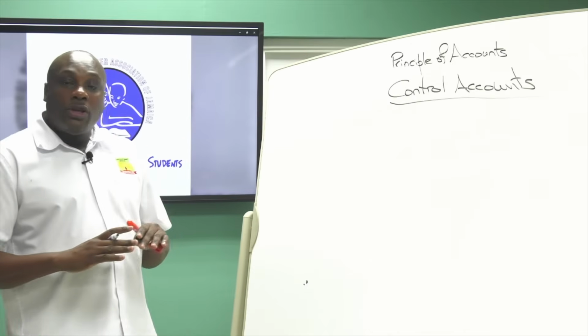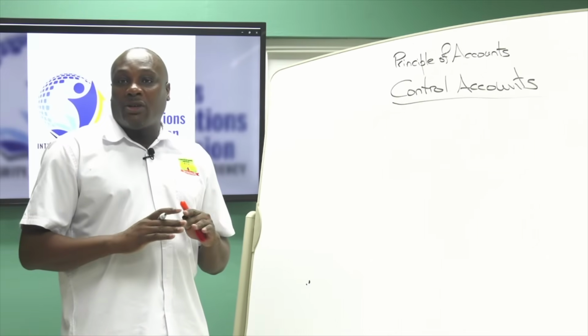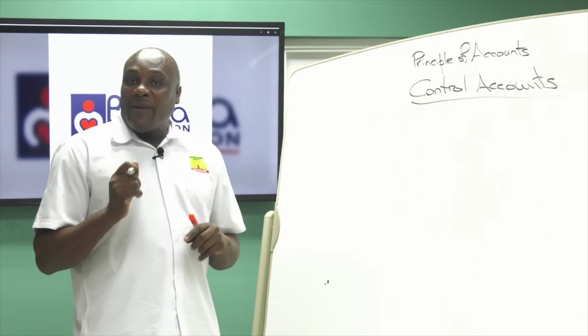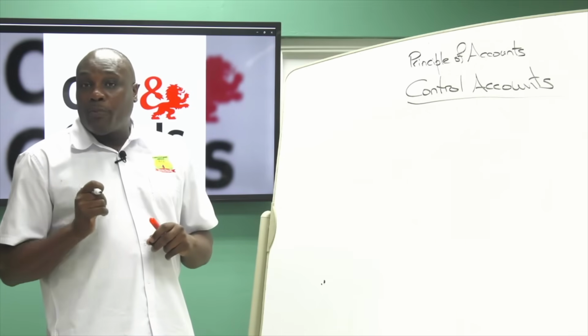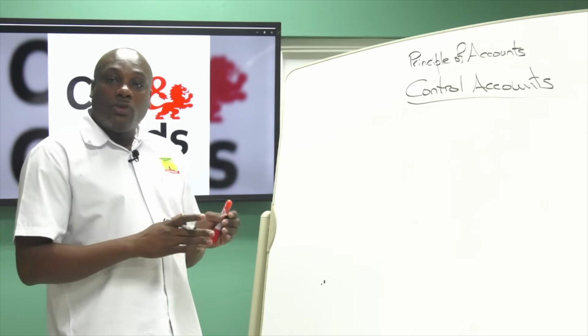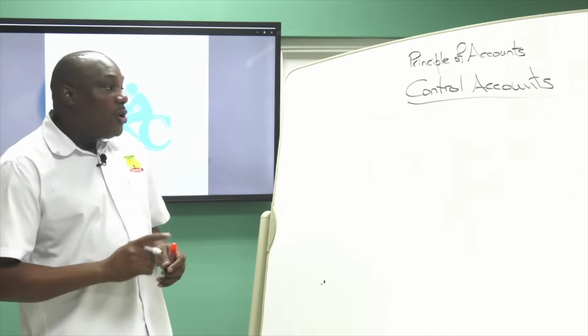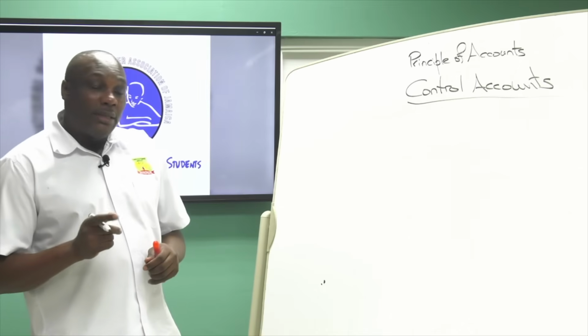It is used to find your total debtors and total creditors. It is used to determine the final figure for sales or your final figures for purchases that will be later used in the different financial statements. All right? So we know that final account is also the same as financial statements.